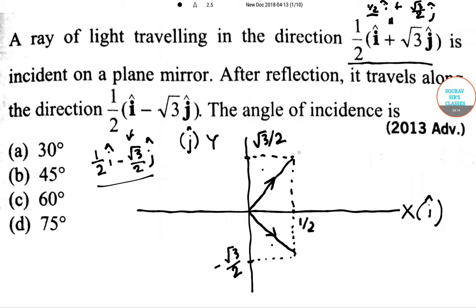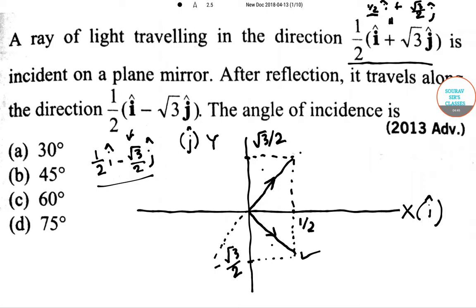But from this diagram, is it ever possible that if the direction of incident light is this, then the direction of reflected light is this? It is never possible. If this is the direction of reflected light, then the incident light must be coming from somewhere like this.